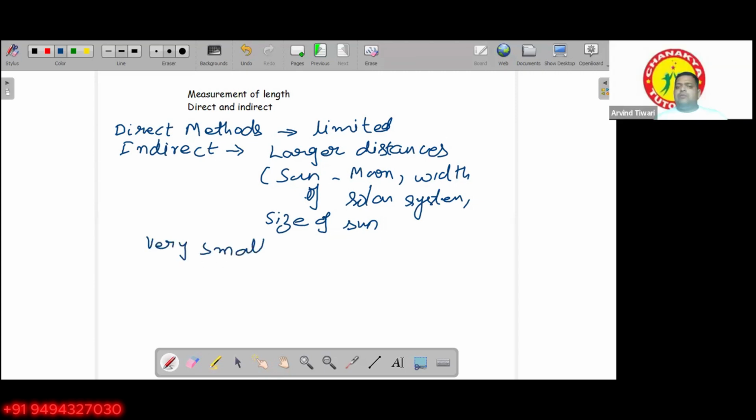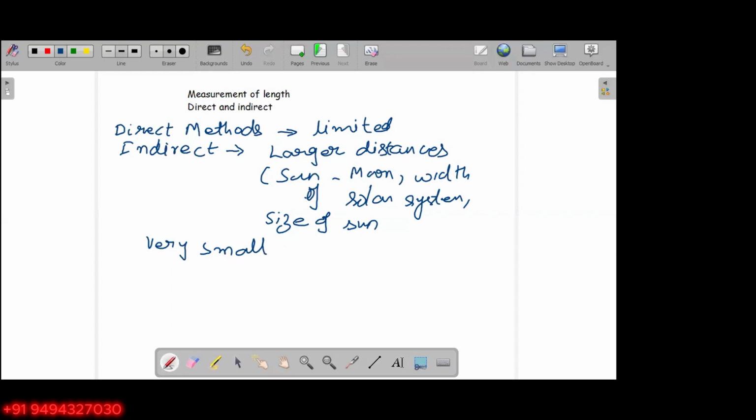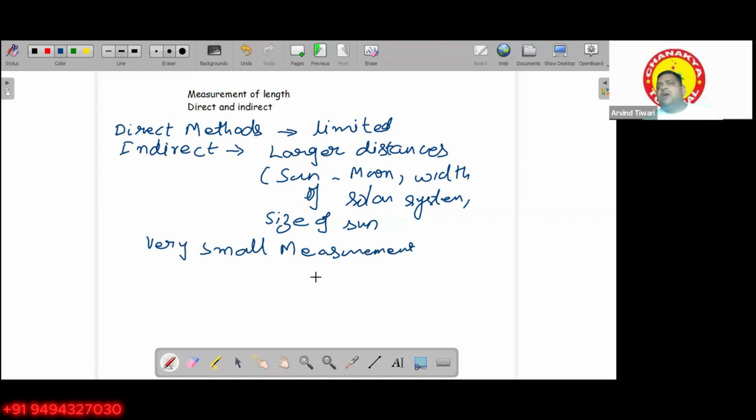So suppose we want to measure a very small measurement. We cannot use a direct method. For example, suppose I want to find out the thickness of hair, the diameter of hair. I want to find out the thickness of a wire. Those are very small measurements.